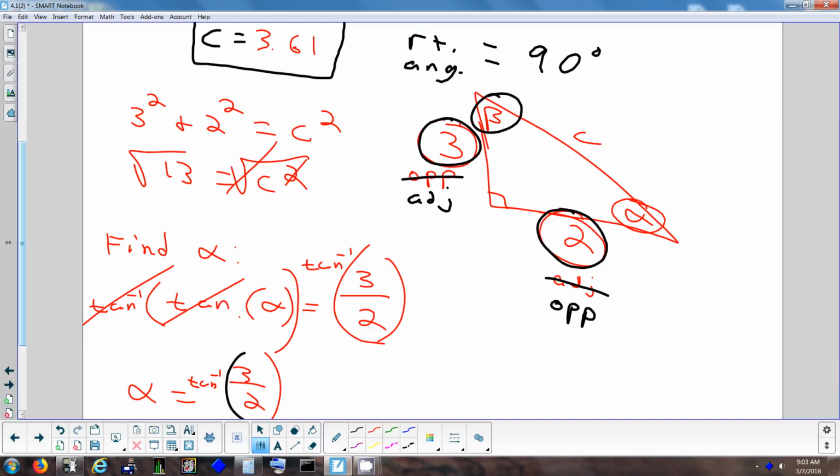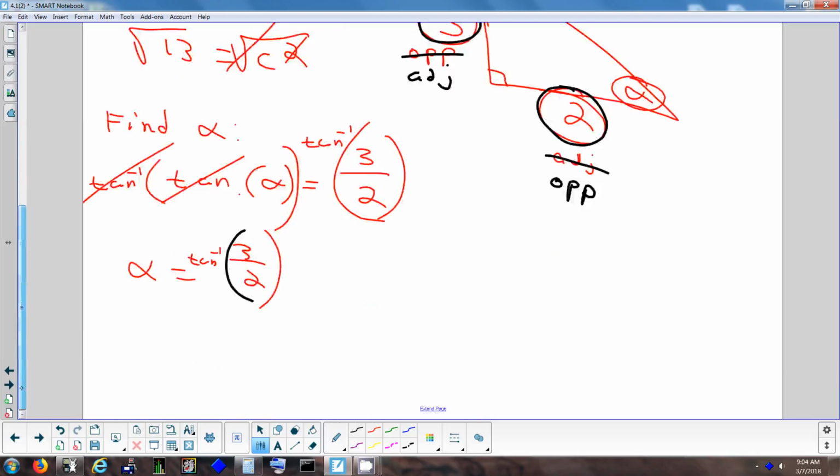So Justin, we've got opposite, we've got adjacent. Same 2 sides we just had last time. What trig function is that? Which one? Tangent. Yeah, it's tangent. Same function again. The only difference is opposite and adjacent switch places.